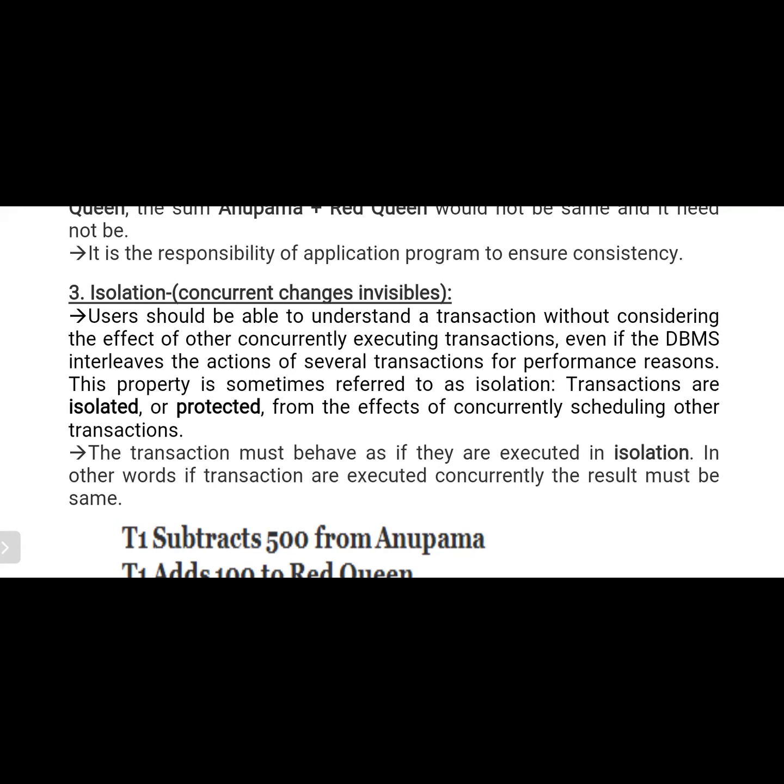The best example is railway reservation. In the previous days, how were we reserving trains? Many users access the same database at a time, for the same train, the same date and the same time.